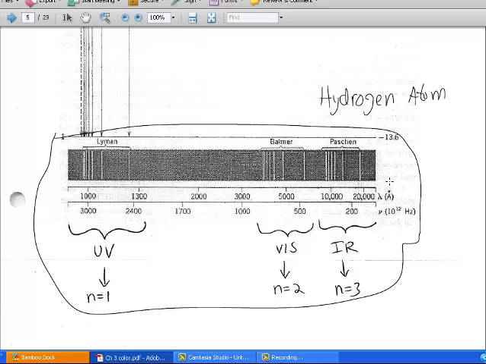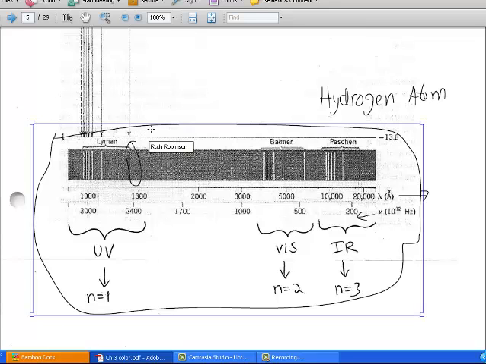And the wavelength is given on this scale, which is in angstroms, and notice that wavelength is increasing to the right. Frequency is on the bottom scale, and it is increasing to the left, so they are opposite, as you expect. And these white lines that you see are the spectral lines. These are places where the hydrogen atom glows, at different frequencies and wavelengths.